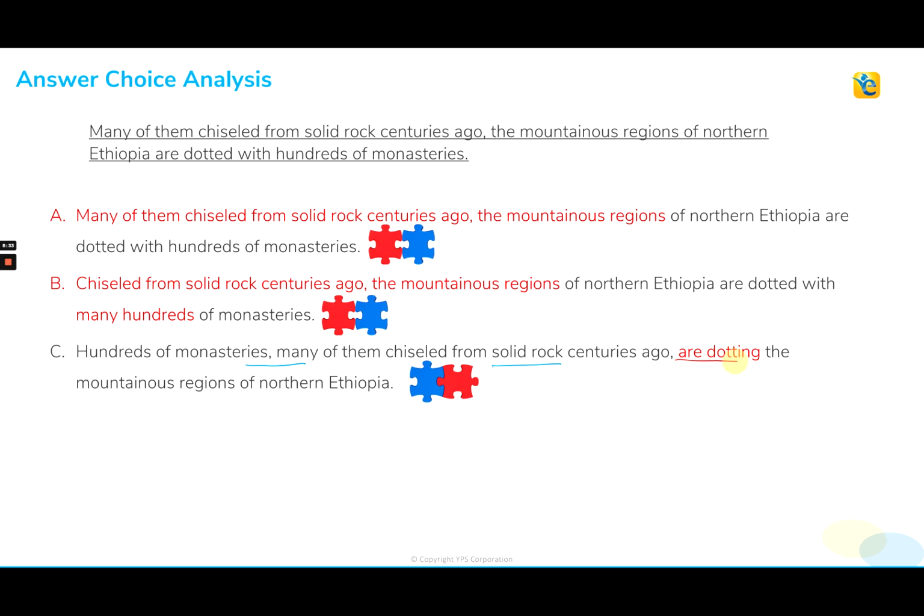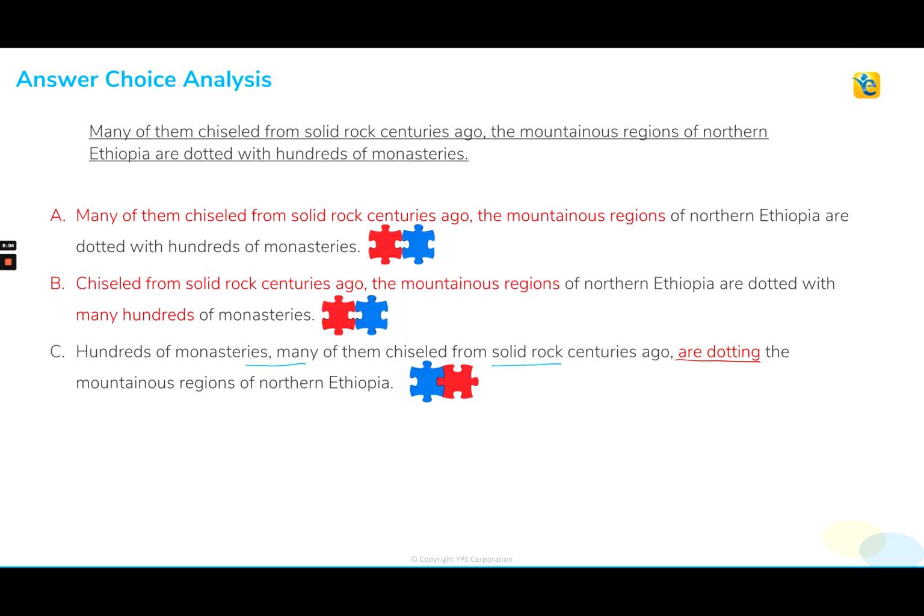This is a present continuous verb. It means that the monasteries are mushrooming up as we are talking. This action is happening right now at this very moment, and we understand that this is not the intended meaning of the sentence, because the sentence presents general information that, hey, if you go to mountainous regions of northern Ethiopia, you will see so many monasteries, or mountainous regions have many monasteries over there.